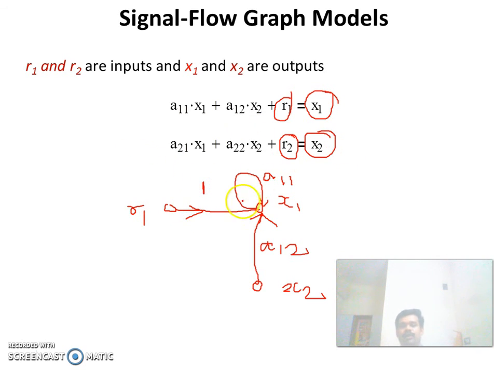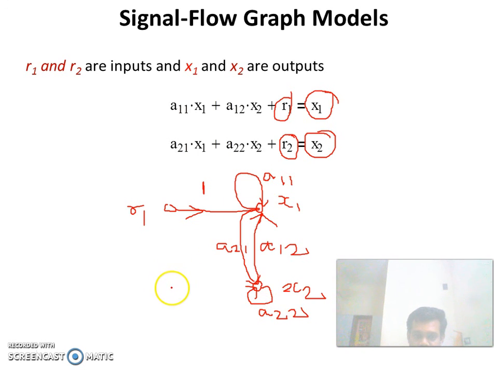Okay, now you come to x2. What is x2? A21 into x1. This is x1. So from here it is coming A21. Then A22 into x2. So A22.